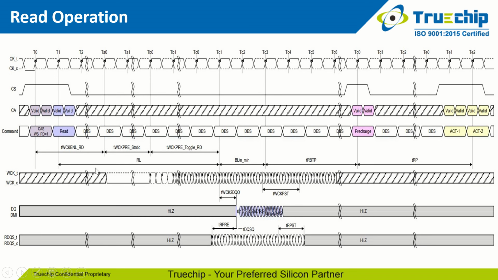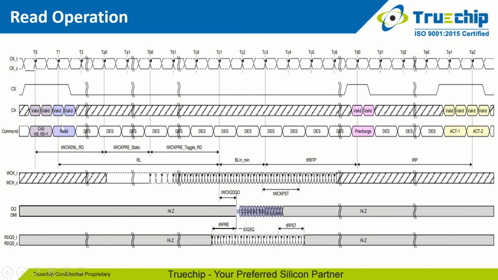The read operation also requires the same WCK to CK synchronization state before the read operation. So at T0 you can see there comes a CAS command from which there is a timing start named tWCKENL underscore read, after which WCK starts its functionality. After the CAS command, at T1 there comes the read command, as the read command needs to come immediately after the CAS command.